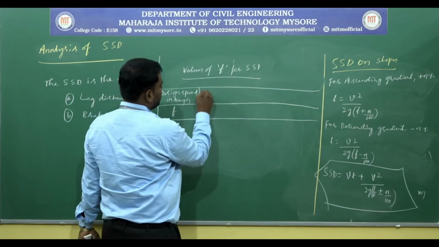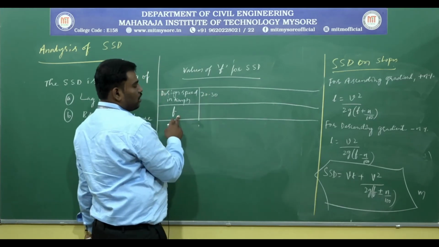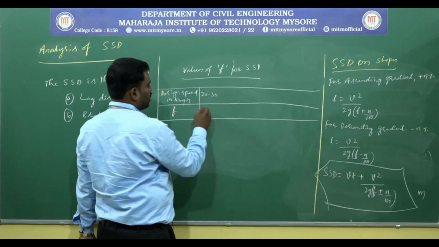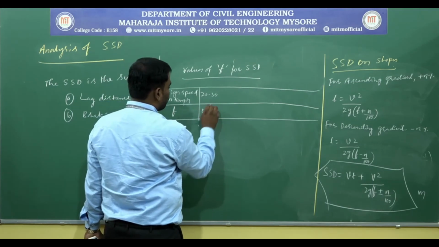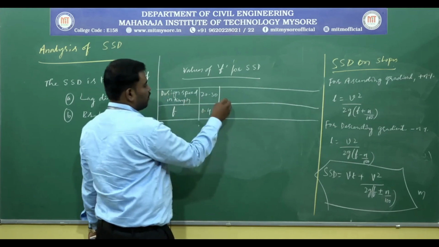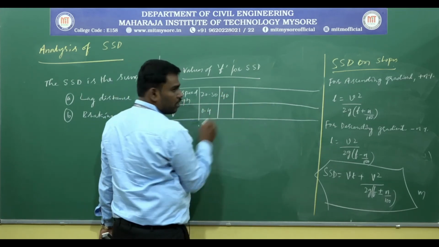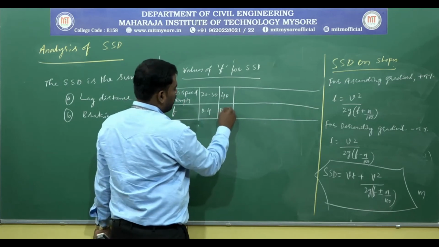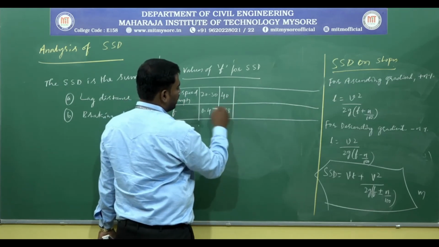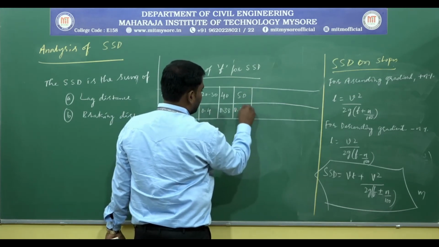If the design speed is about 20 to 30 kilometer per hour, then your longitudinal friction is about 0.4. If the design speed is 40 kilometer per hour, then your F value is 0.38, and for a design speed of 50, it becomes 0.37.